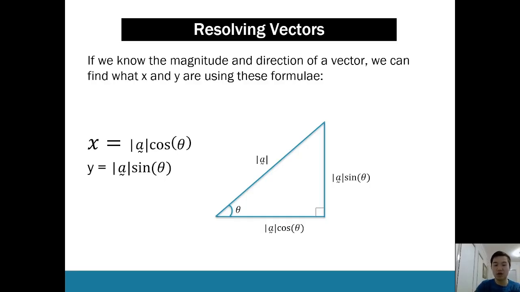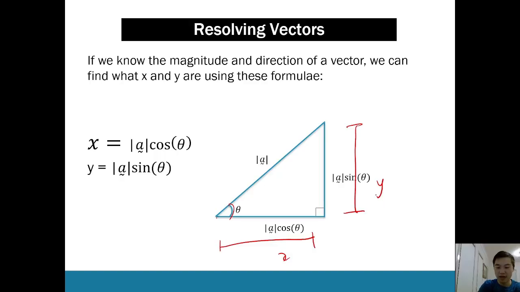For example, if we know the magnitude of this vector A, we can also find the length of the horizontal and the vertical component, because we know that in this right angle triangle cos theta is adjacent, so x over hypotenuse, which is magnitude of A. Therefore, we can rearrange that to say that x is equal to magnitude of A cos theta.